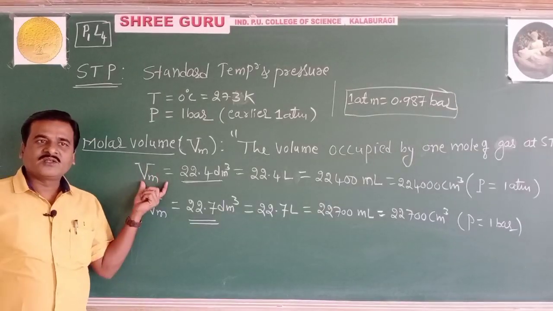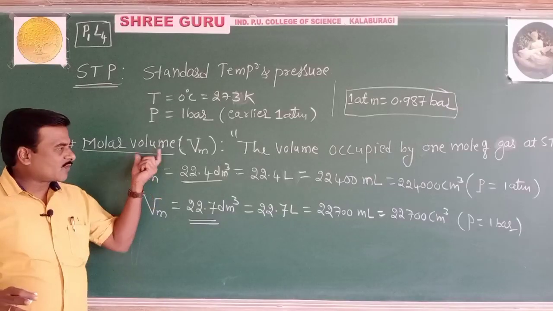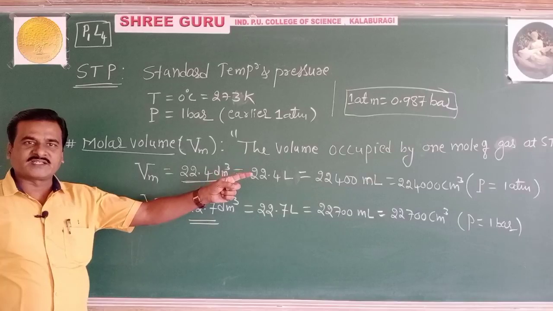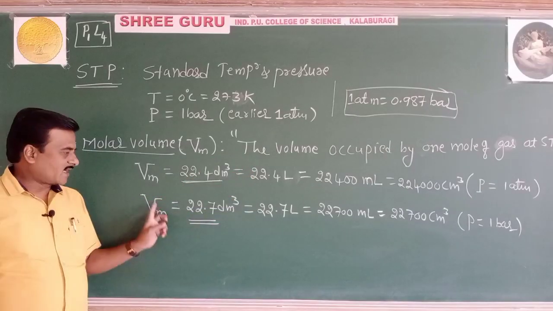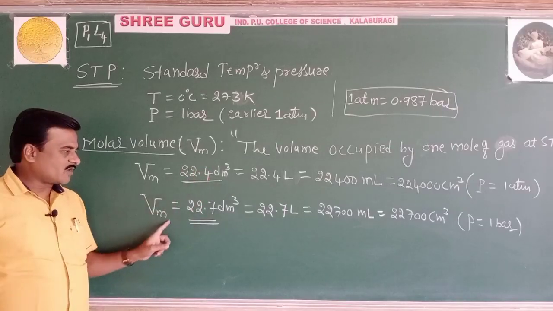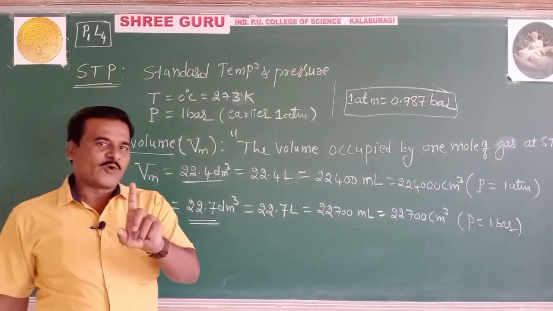Molar volume is the volume occupied by 1 mole of gas at STP; it is 22.4 dm cube if the pressure is 1 atm, and 22.7 dm cube if the pressure is 1 bar.